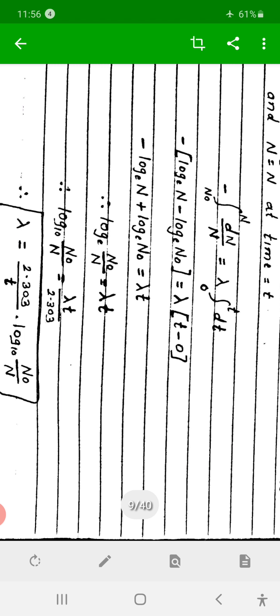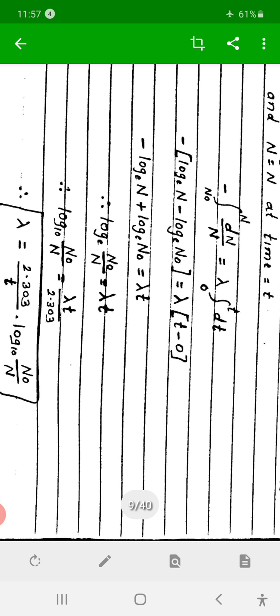Therefore, minus log base e N plus log base e N0 is equal to lambda into t. That subtraction, log base e N0 minus log base e N, is nothing but log base e N0 upon N, which is equal to lambda into t.